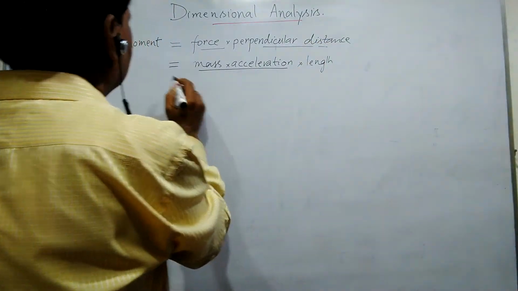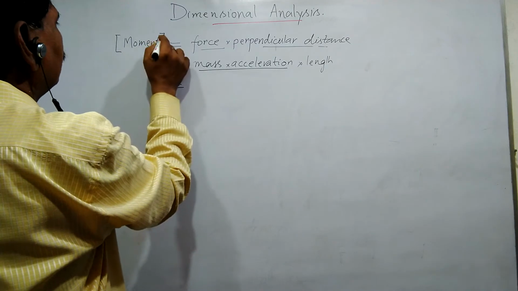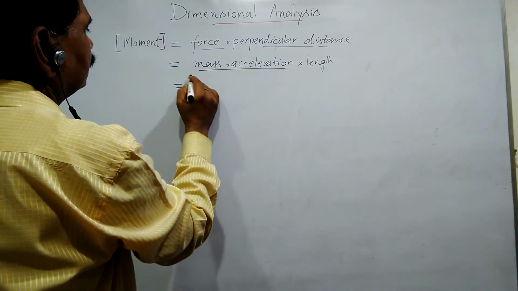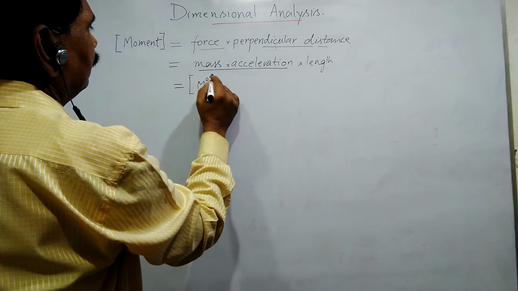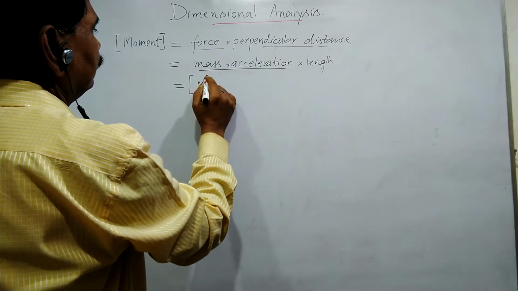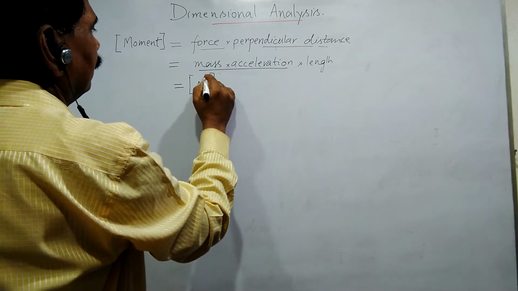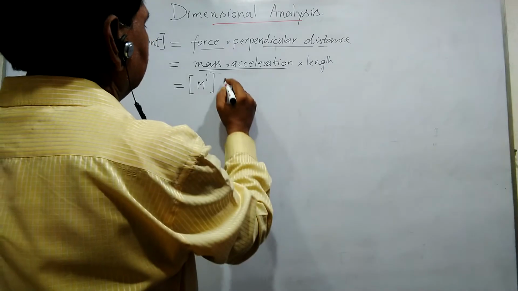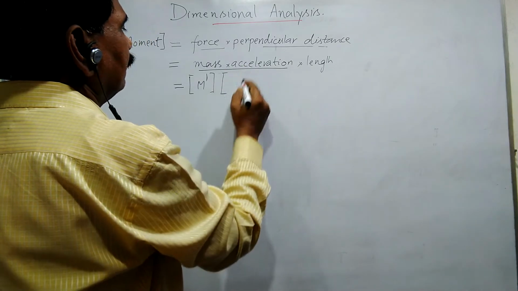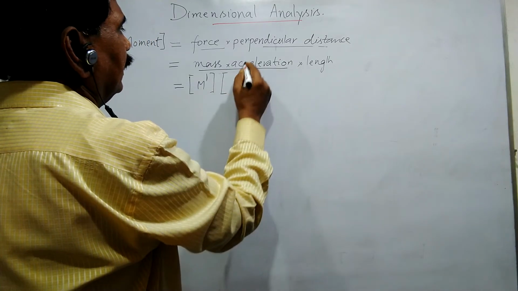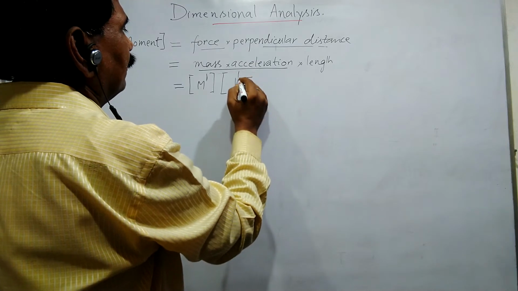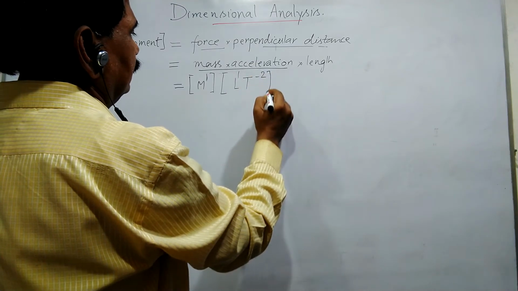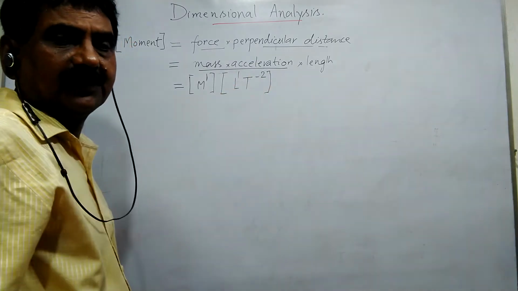Then write down the dimensional formula of this. For mass, what do we write? M to the power 1. Then acceleration, what is it? That is L to the power 1, T to the power minus 2, distance by time square.